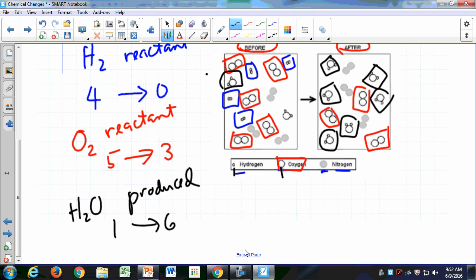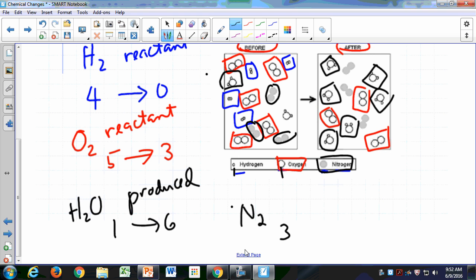And then these gray circles, 1, 2, 3, are nitrogen molecules, so N2.